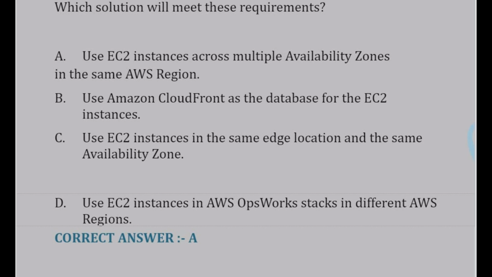Option B, use Amazon CloudFront as the database for the EC2 instances. Option C, use EC2 instances in the same edge location and the same availability zone. Option D, use EC2 instances in AWS OpsWorks stacks in different AWS regions. Correct answer is option A.